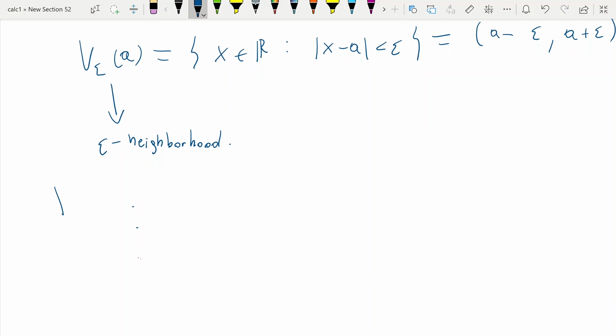So now the definition, and this is the crucial thing. We're going to define an open set now.